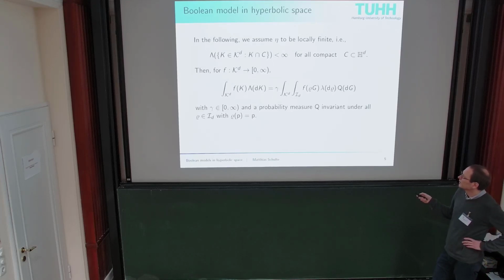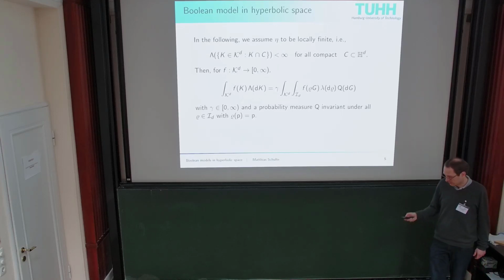And the idea here is the following. Instead of integrating with respect to lambda, you can do the following. You take some compact convex set distributed according to the probability measure Q, and then you move this fixed set around with isometries, and here you integrate the isometries with respect to the Haar measure, and then here is some intensity parameter gamma.